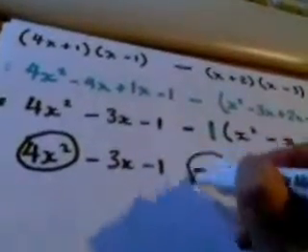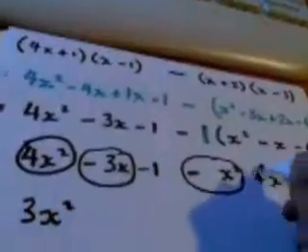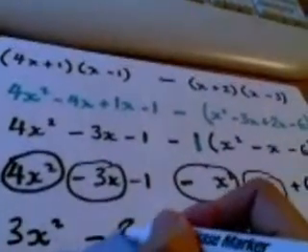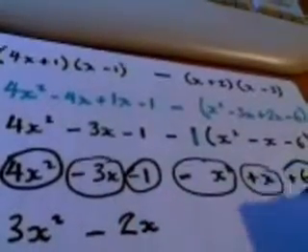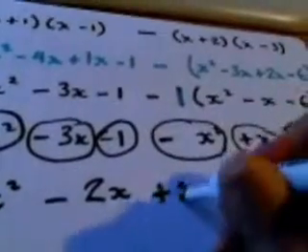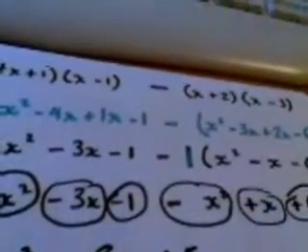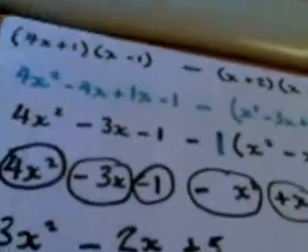We've got 4x squared and a minus x squared gives me 3x squared. I've got a minus 3x and a plus x gives me minus 2x. I've got a minus 1, a plus 6 gives me plus 5. So that's how to simplify expressions with double brackets in them, taking account of the signs.